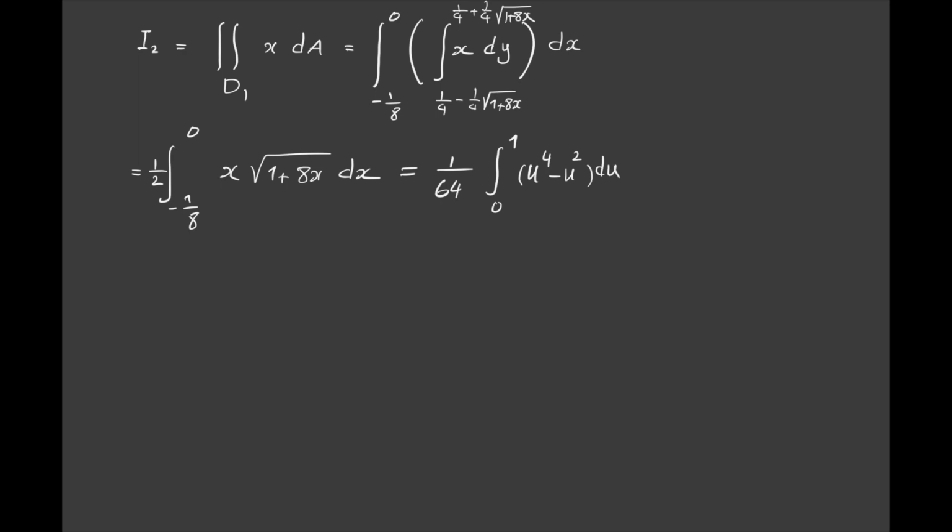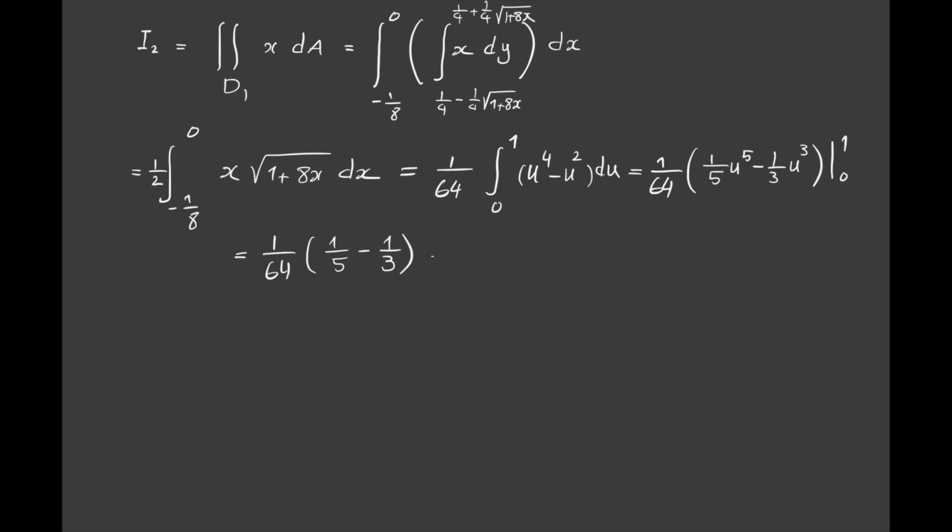Yes, so that's my integral. And then if I calculate that, it becomes 1 over 64, and then I have 1 over 5u^5 minus 1 over 3u^3. And then I have to run it from 0 to 1, but then it becomes extremely simple. It's 1 over 64, and I get 1 over 5 minus 1 over 3.